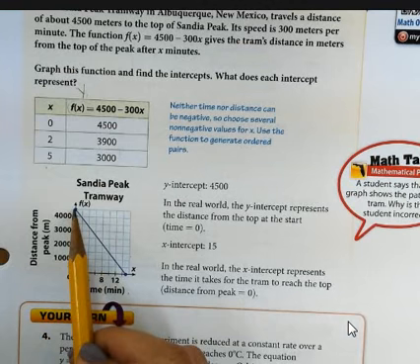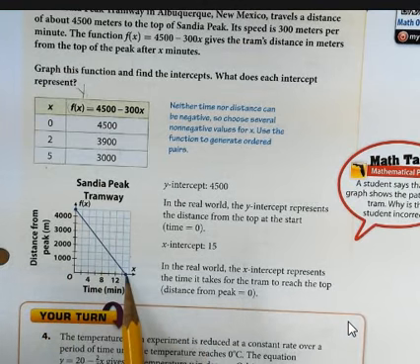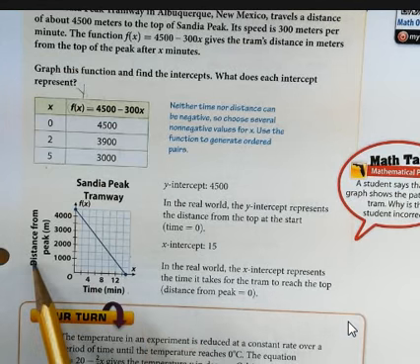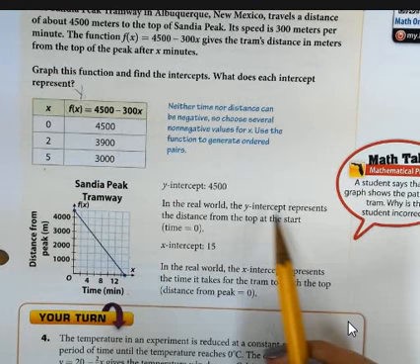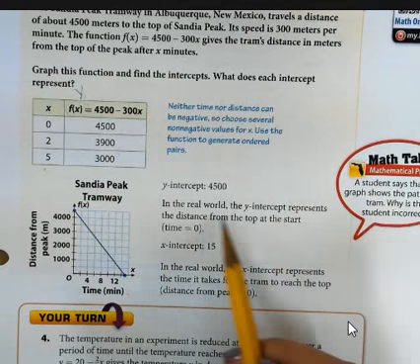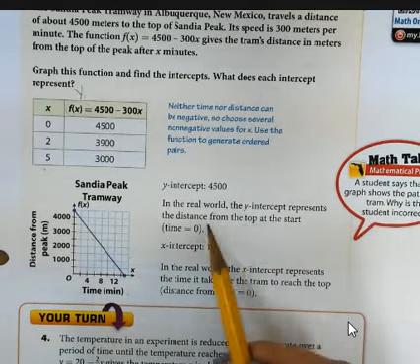Okay, so what this means, if you know that this is your distance and this is your time, well then that means that your y-intercept, it says here that in the real world, represents the distance from the top at the start. So the time was 0, and at 0 minutes, it was at 4,500 meters.